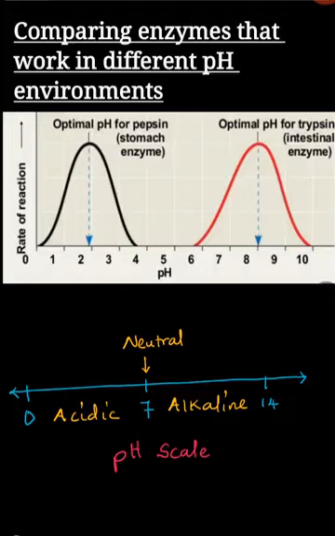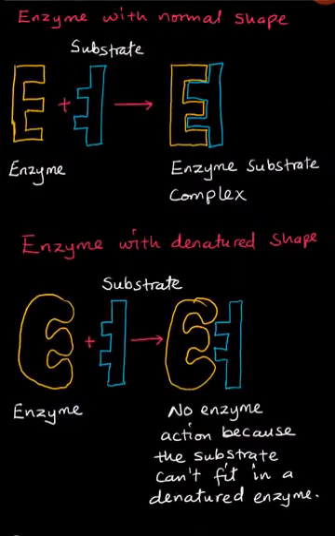Now, to put this lesson in perspective, this is the issue. In the introduction to the topic on enzymes, I taught you that enzymes have got specific shapes. For example, we have this enzyme that is shaped like this. This enzyme can work on a substrate that has got this shape.